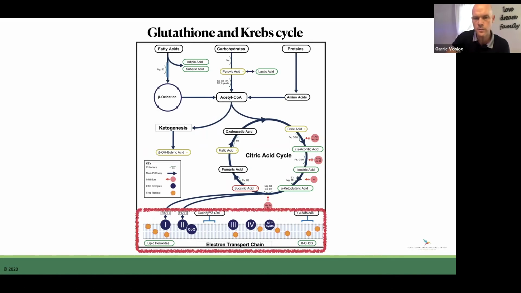As our Krebs cycle is working and we're getting all our NADH, all our hydrogens, into the electron transport chain, you'll see those orange icons at the bottom here are our oxidative stress. Ideally, we should have glutathione and, of course, superoxide dismutase. So that's another great check for us to look genetically to see if we have any SNPs on the superoxide dismutase level.